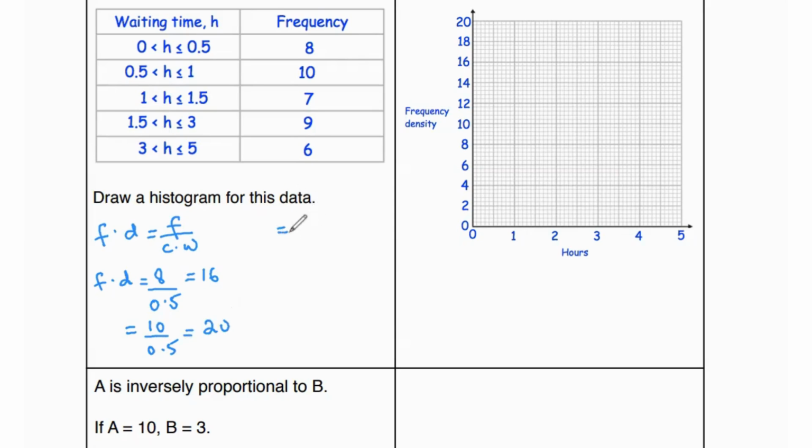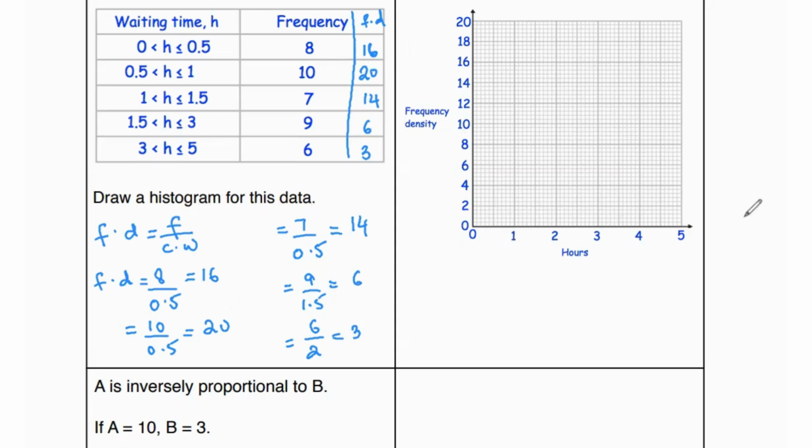Then we have 7 over 0.5, which is 14. 9 over 1.5, which is 6. And 6 over 2, and that's equal to 3. So if I make a rough frequency density column over here, that's 16, 20, 14, 6, and 3.